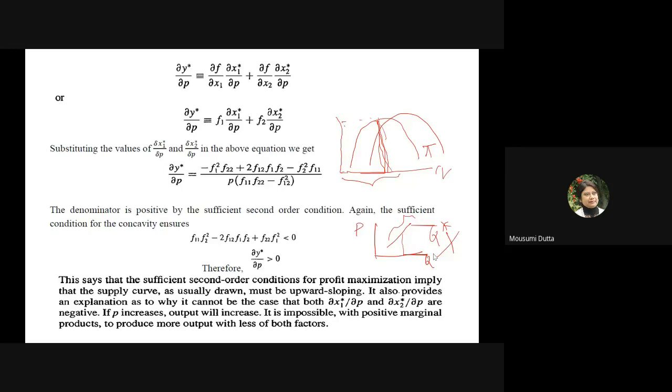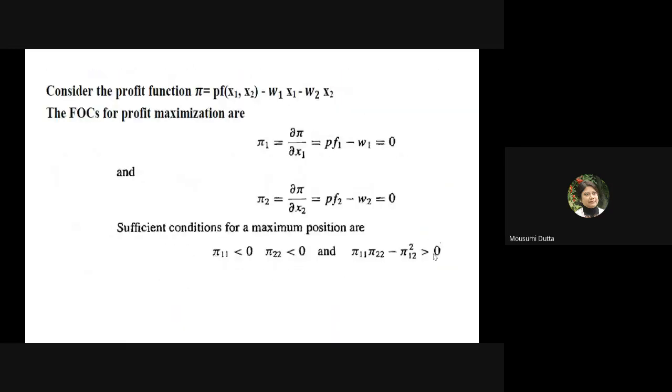Got it? Ma'am, but in the beginning, we started with the definition of the supply curve, Y star with respect to P star. This Y star corresponds to the profit maximization. Yes, ma'am. So that is the source. We are coming from this, so this is our starting point.